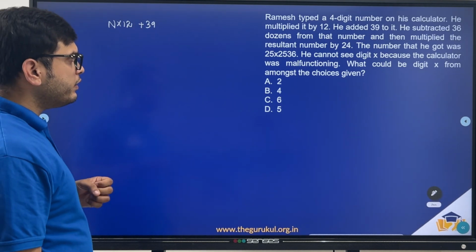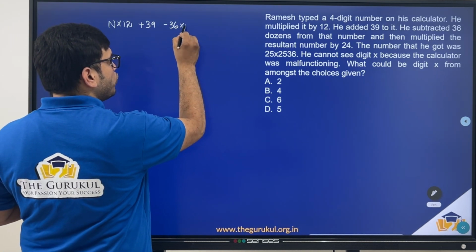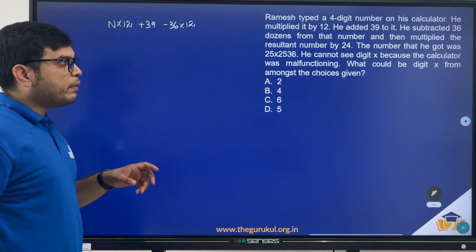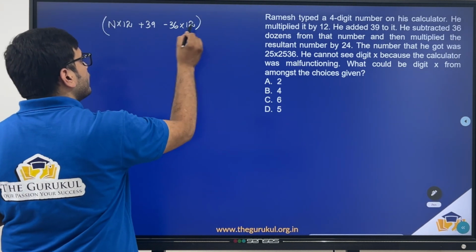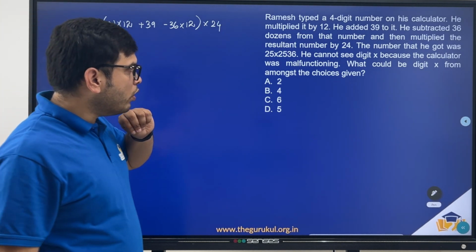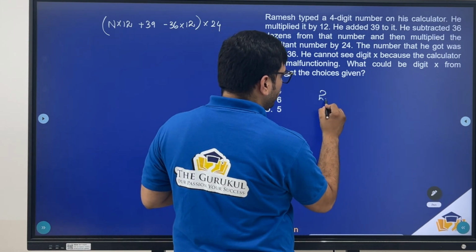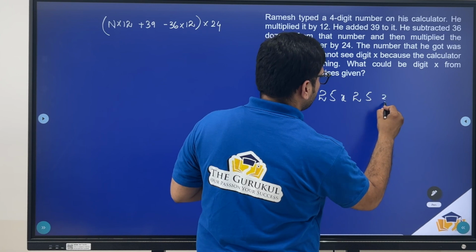He subtracted 36 dozens from that number, so 36 into 12. And then multiplied the resultant number by 24. So this complete number is then multiplied with 24. The number that he got was in the form 2, 5, x, 2, 5, 3, 6.